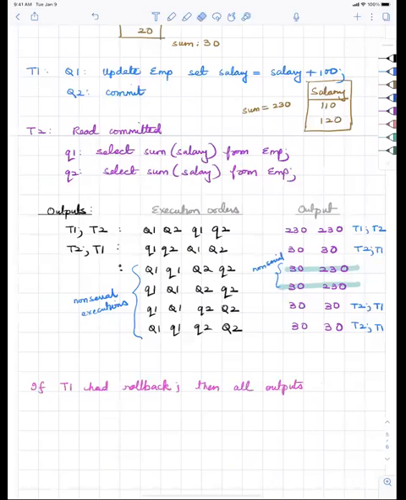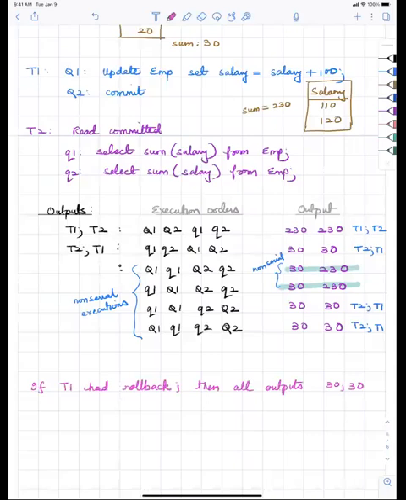All outputs are going to be 30, 30, because with rollback you're never going to see it. So as an exercise, you should try the same example with read uncommitted. What are the different possibilities you can get with read uncommitted?